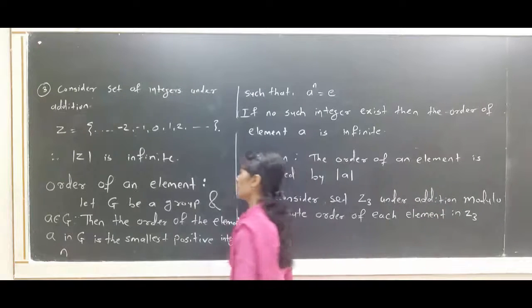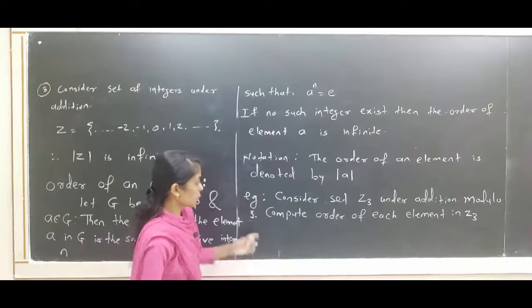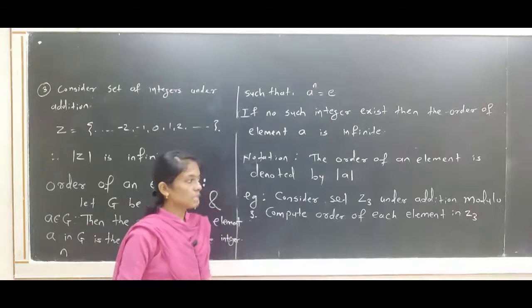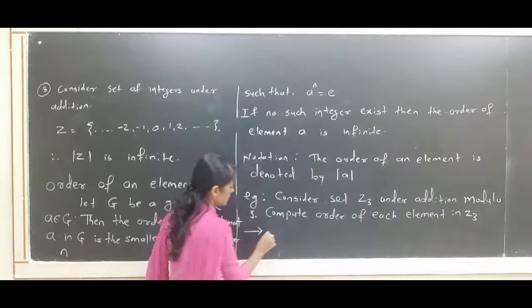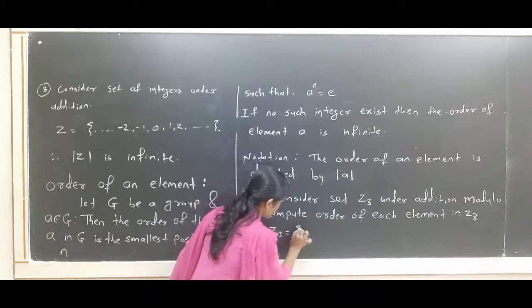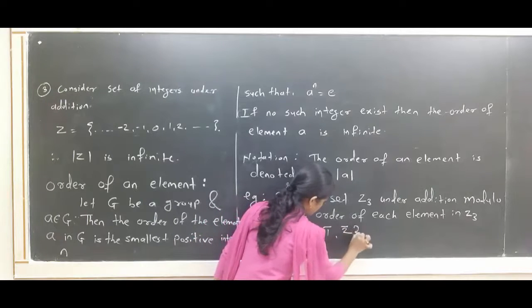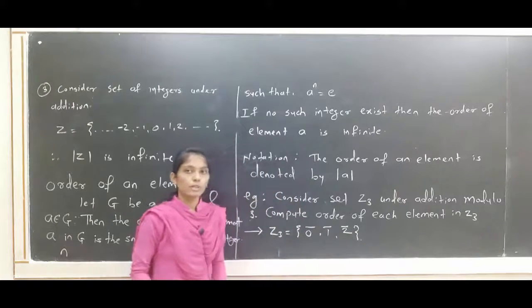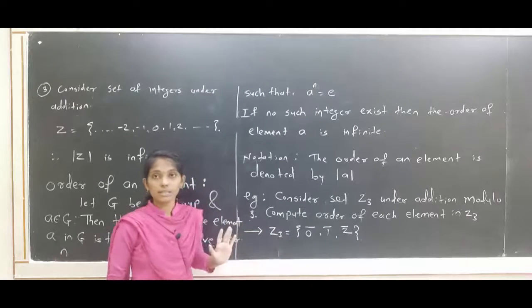Okay, so here the set Z3 is given under the addition operation modulo 3. First of all, we mention the set Z3: 0 bar, 1 bar and 2 bar. So this set contains 3 elements. So the order of group Z3 is 3.